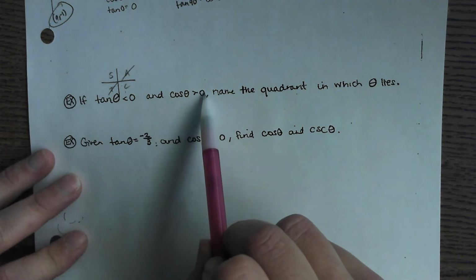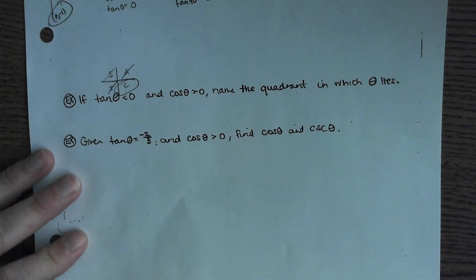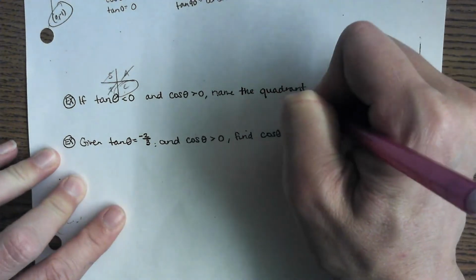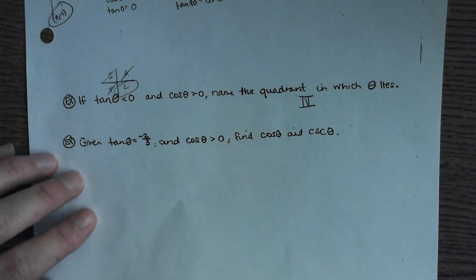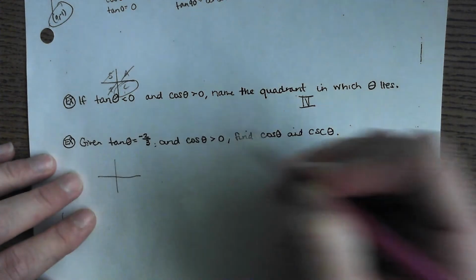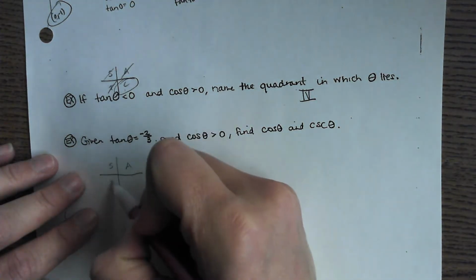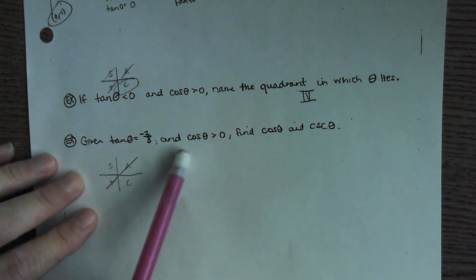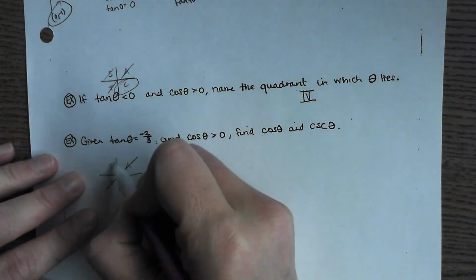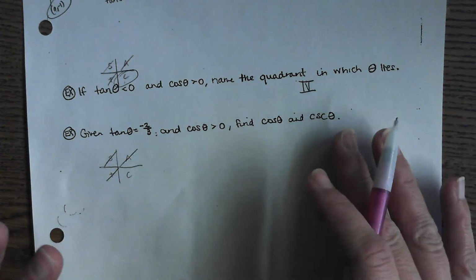And if cosine is positive, that further narrows it down, and we're in the 4th quadrant. Okay, again with the next one, tangent is negative. So again, we're either in 2 or 4. The cosine is positive, so we know we're in quadrant 4 again, but we also have some follow-up to do.